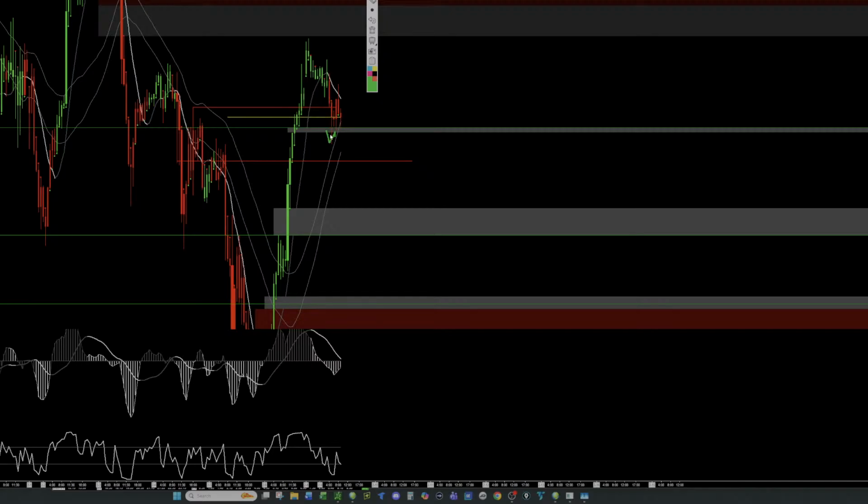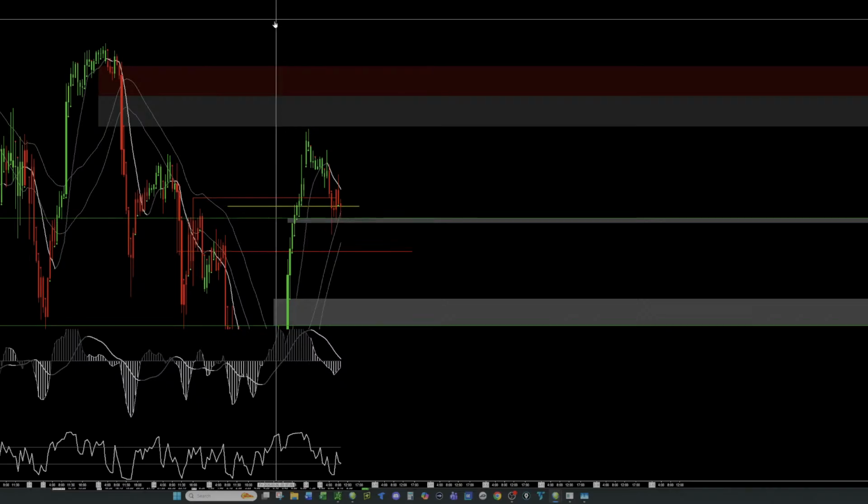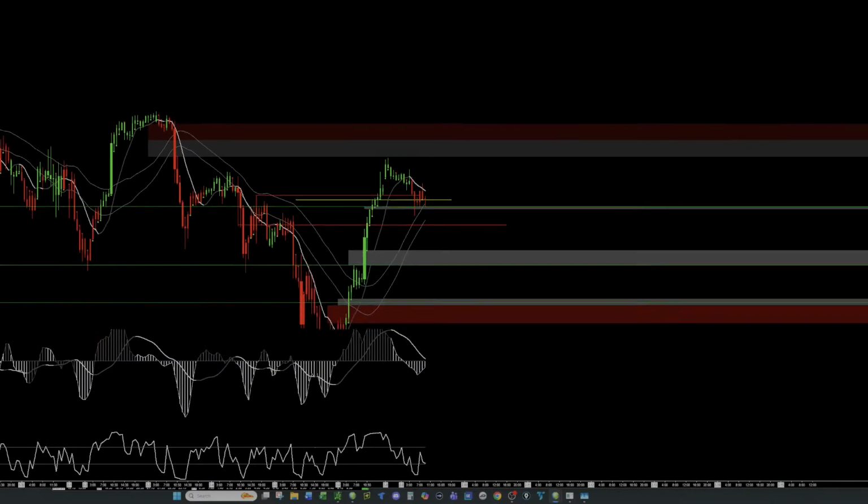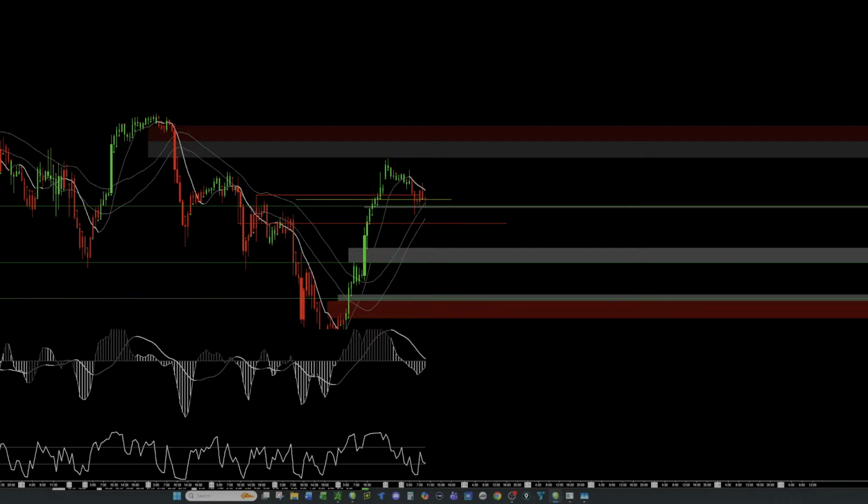A couple hours ago filled that one, and we have single prints down here that are not checked, and of course the ones we have up here. I don't know if you can see that, but let me show you again. Single prints here. Yeah, another single prints down here.